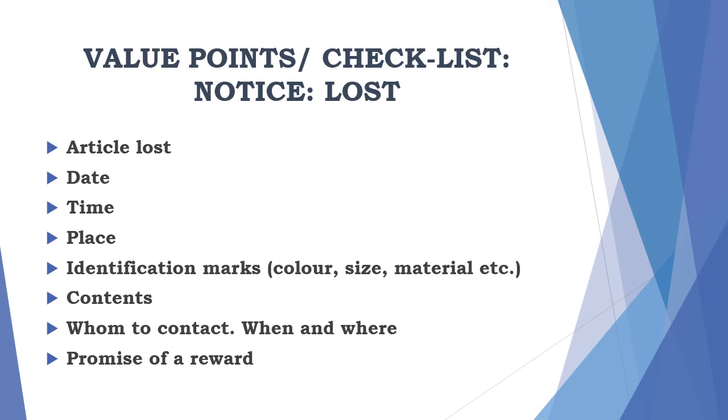Students, when you have to write a notice about a lost thing, you should include the following points: article lost, date on which it has been lost, time, place, identification marks like color, size, material, etc., contents, whom to contact, when and where, promise of a reward.